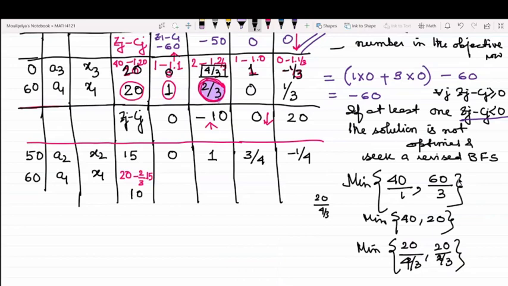Could you tell me the remaining elements of row 2 in this manner? This was initially 1 minus 0, so it is 1.